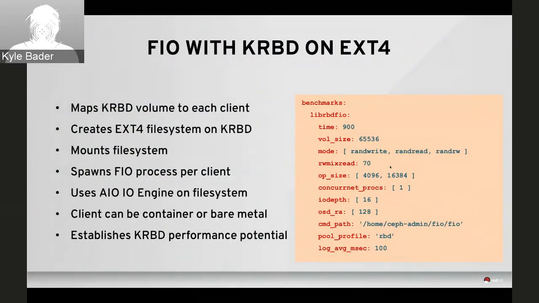And this can be a bare metal host, right? If you just want to run a single KRBD, or if you want to run multiple KRBD instances per physical client, you'll probably want to create containers on the physical host, and then list the containers' IP addresses as clients in the clients array, and then each container can map and create and benchmark its own file system.